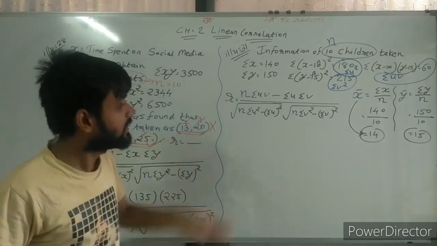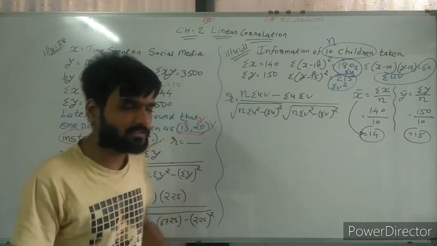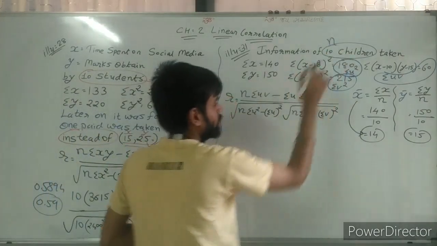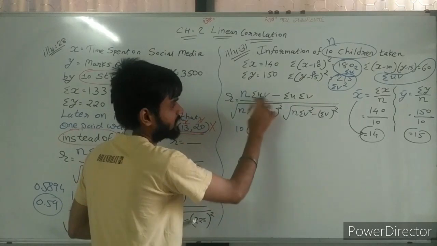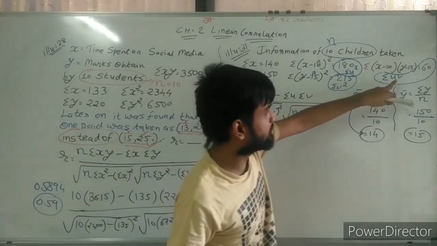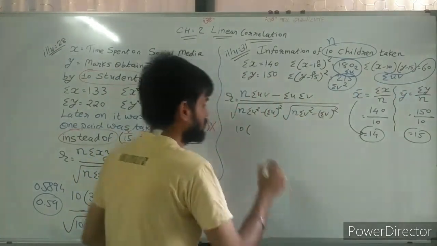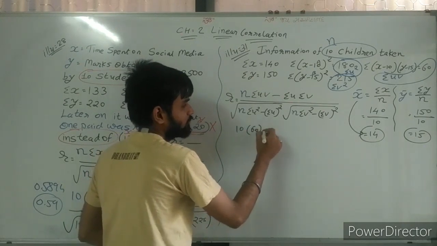Now in this formula, put the values. What is the value of n? We know n is equal to 10. So write down 10. Sigma uv we know is 60, so write down 60.